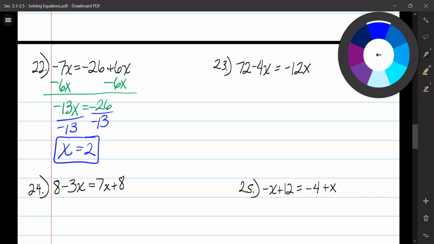All right. Number 23. Also, we have x's on both sides of the equation. So we want to make it where we only have x on one side of the equation. So in this case, I will do that by adding 4x to both sides.